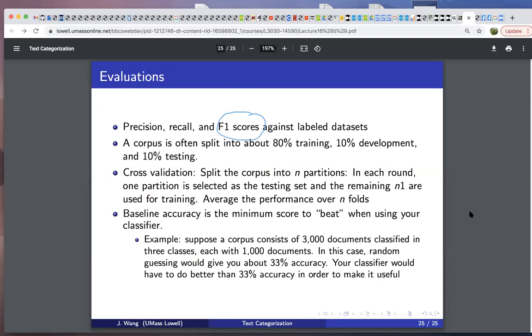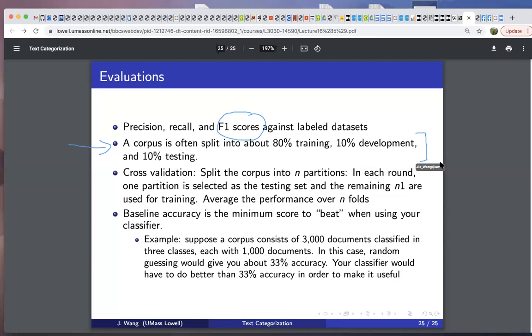Then how are we going to use our labeled data to train an SVM model? This is the common way to do it. For KNN, you don't need this because they are lazy learners. For naive Bayes, you can also follow this.